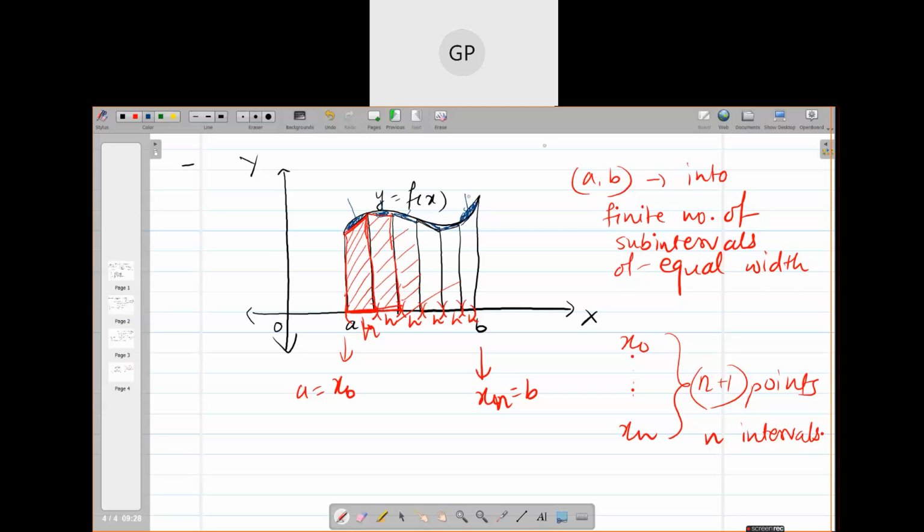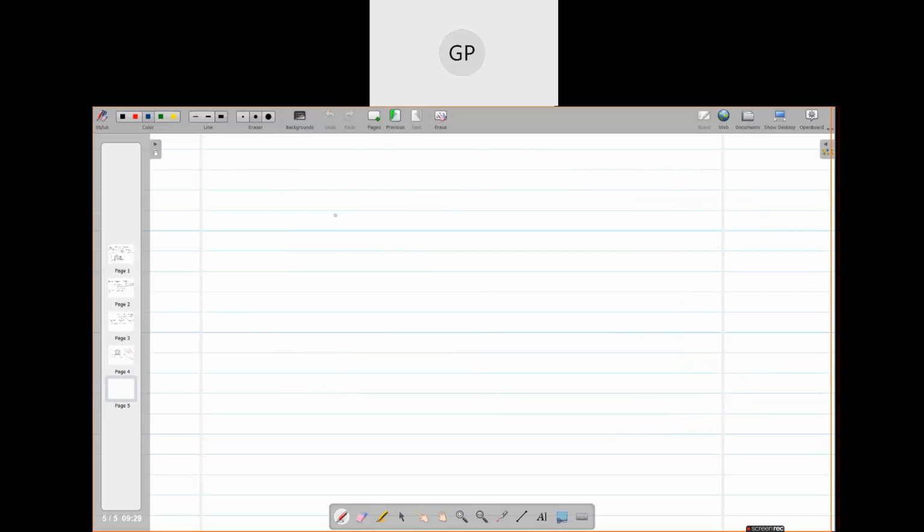See, let me just show you one more time. Here I have divided this interval into 6 intervals. Say, suppose I have this curve and I am dividing this into only 2 trapeziums. Now this is a rectangle only. So this rectangle I am getting, and this I am getting.